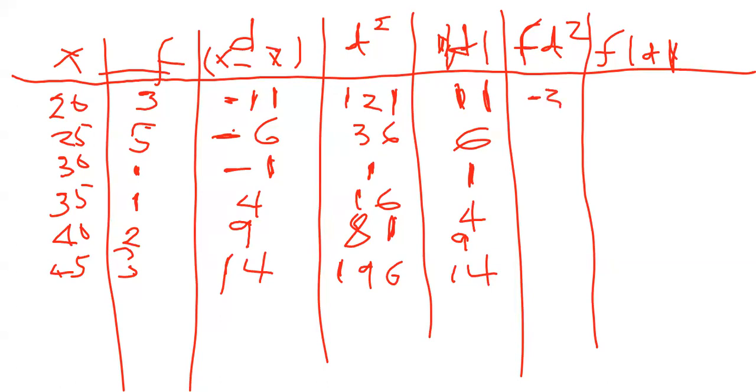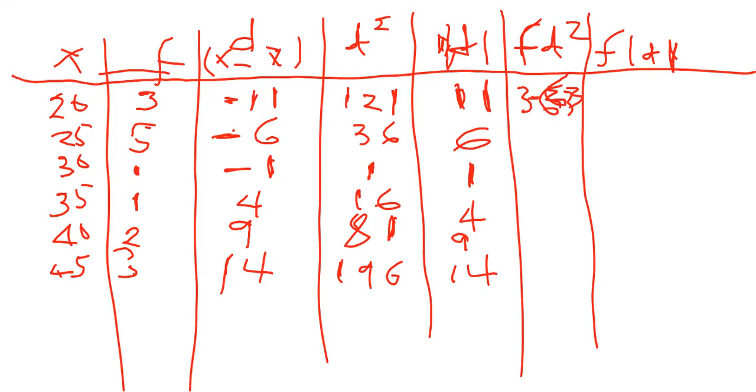So F times D square, I'll have me multiply 3 times 121, D square. I hope that is 363. 3, 6, 3. Is it clear? Yes.